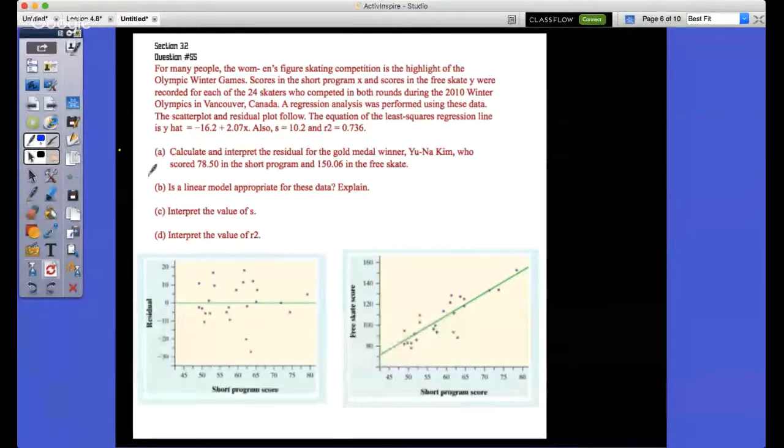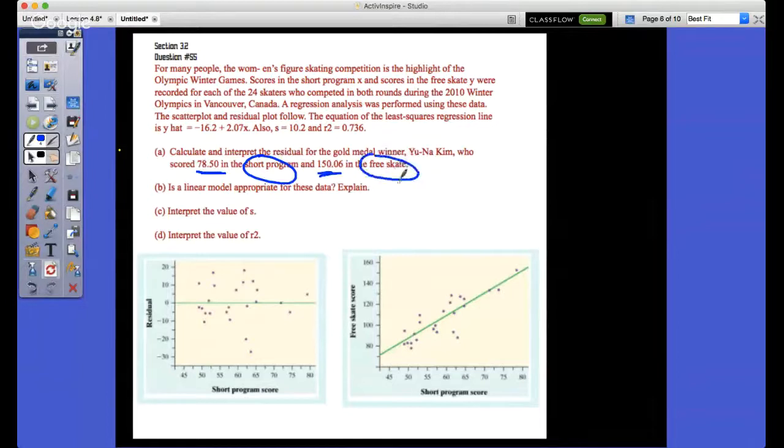All right, so here we go. First thing, calculate and interpret the residual for the gold medal winner, Kim, who scored 78.5 on the short program and 150.06 on the free skate. I'm going to try to look and see.